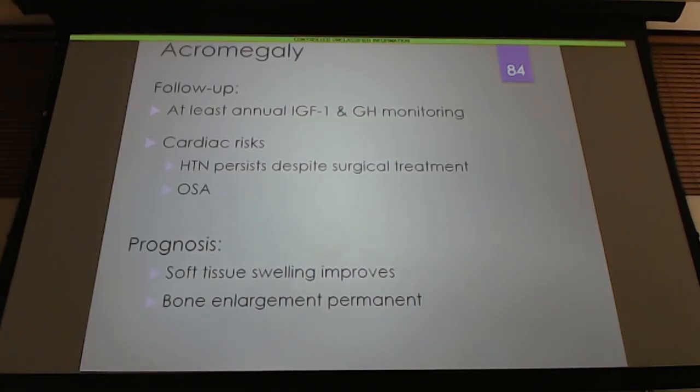But we can't help if they have the frontal bossing, and I'm not sure about the malocclusion, I need to look that up, but the bony stuff doesn't change. Cardiac risks, who do you think of for that? Who manages that, endo or you? You guys, yeah. Hypertension typically persists.